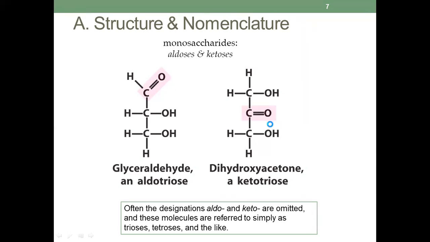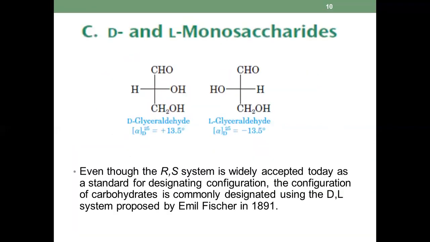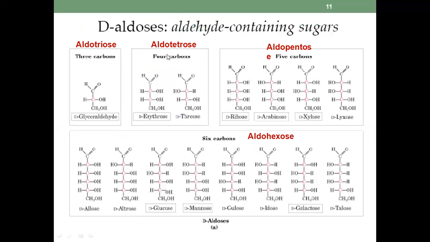But so far what we had introduced is the one with the aldehyde. So we call it aldoses, and the number of carbons that we have in our monosaccharide in particular is 3.